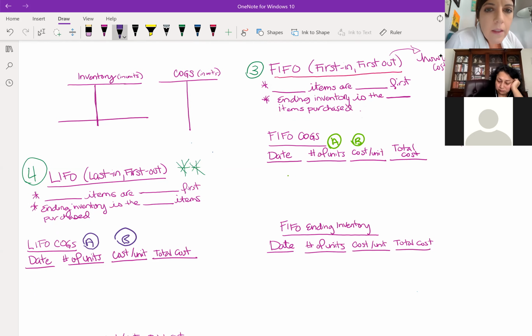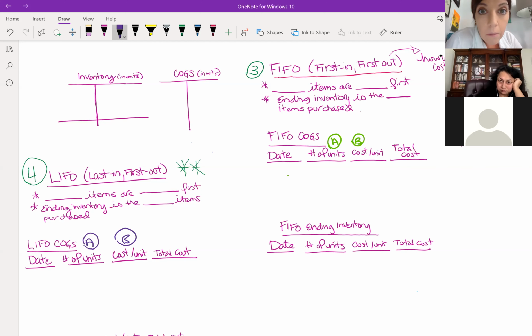The next method that's available is FIFO, first in, first out. And the name stands for how we cost goods sold. So this does not mean that operationally this is how they sell their units.